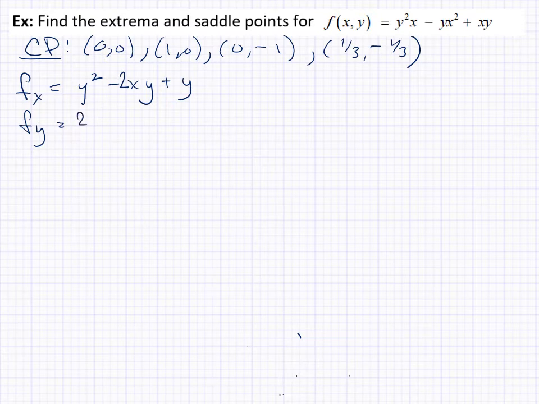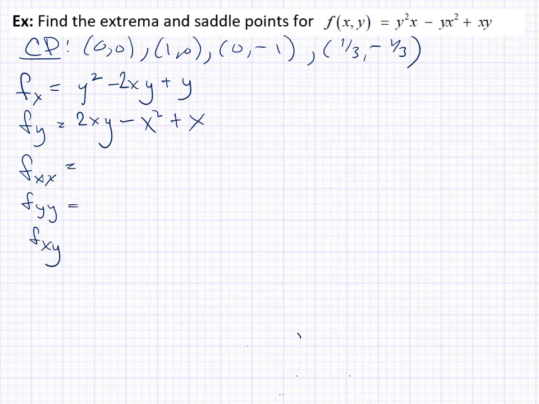It was 2xy minus x squared plus x. Then we need our second derivatives with respect to x, y, and the mixed xy.